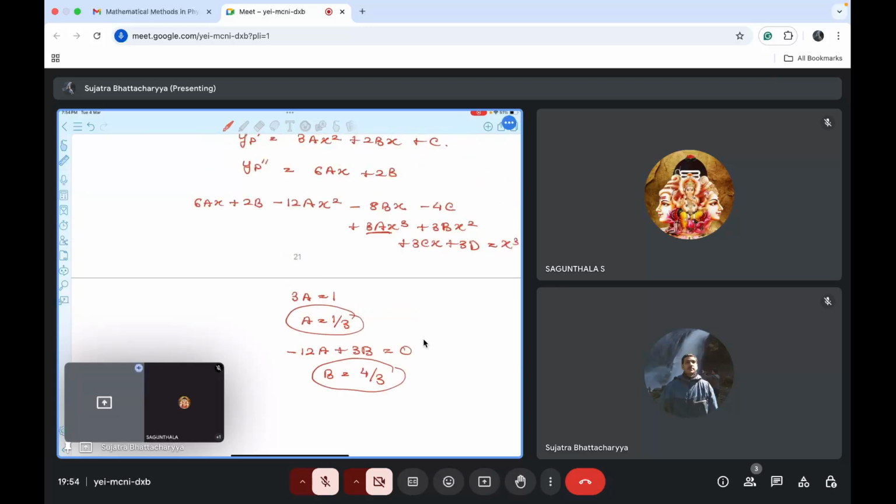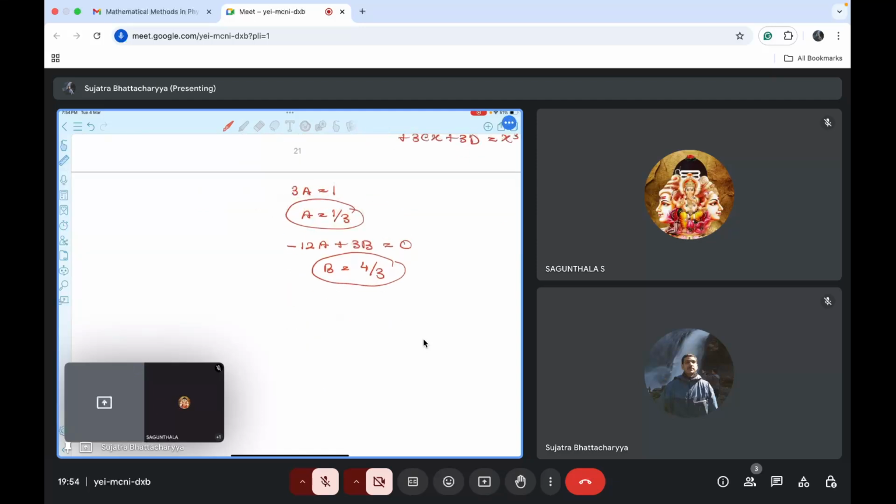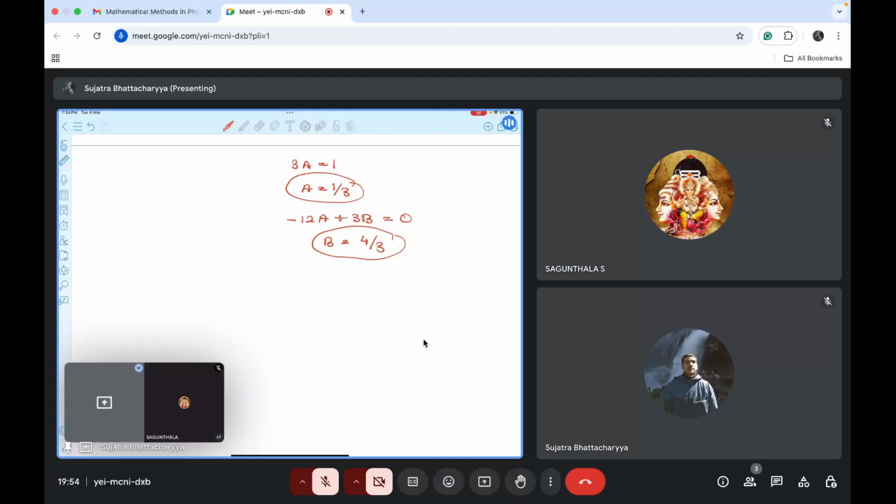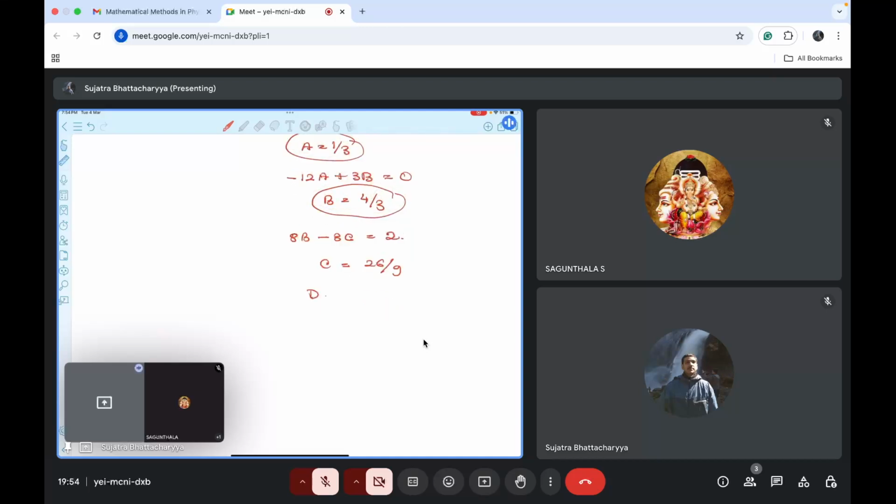So this is actually coming from the x square term, right? Next is, once you do this, you get 8b minus 3c, I think, is equal to 2 in some sense. So finally, we get c is equal to something like 26 by 9, and d is 80 by 27.